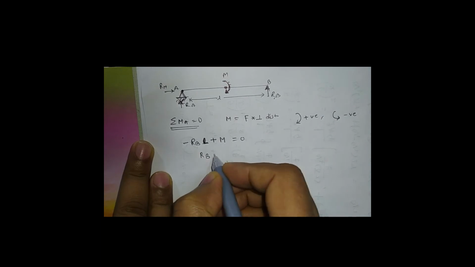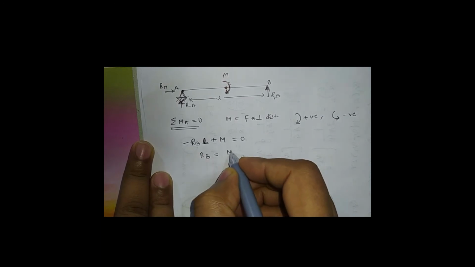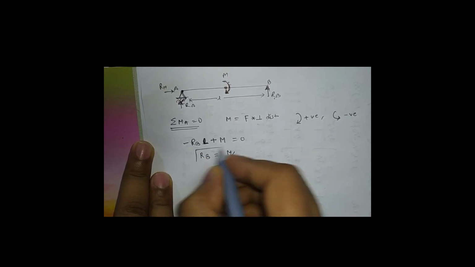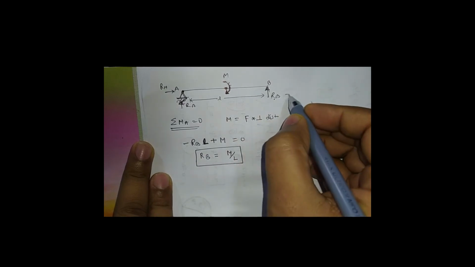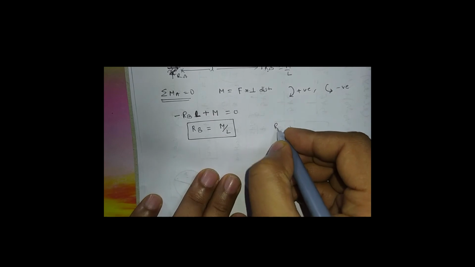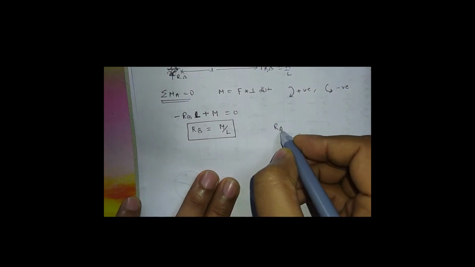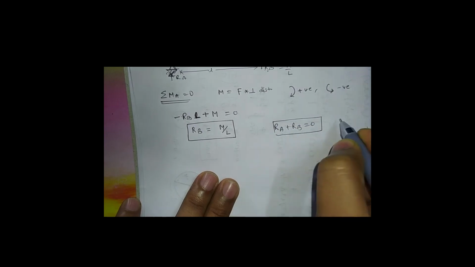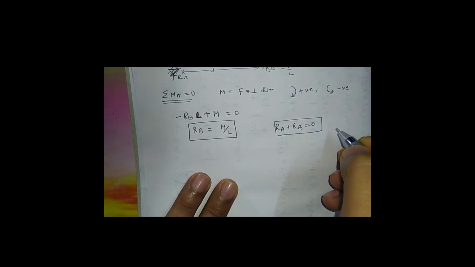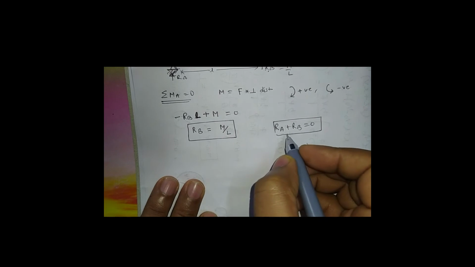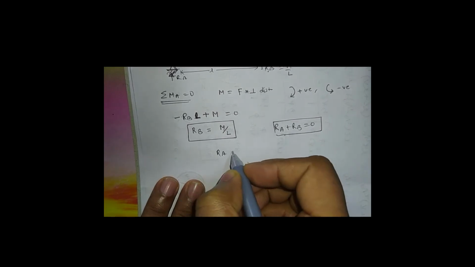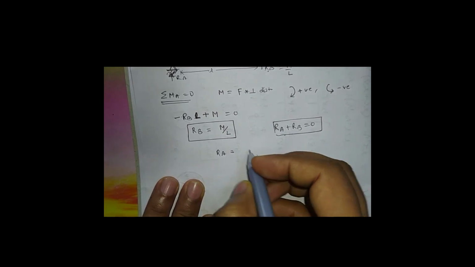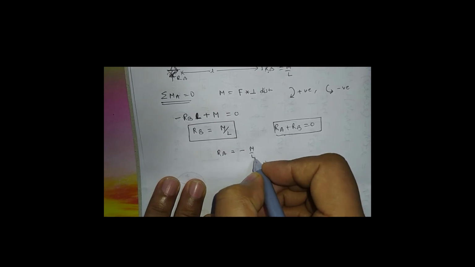So we get the reaction RB at this support. From our first equation, summation of vertical forces equal to 0, we will get the reactive force RA at support A as minus M by L.